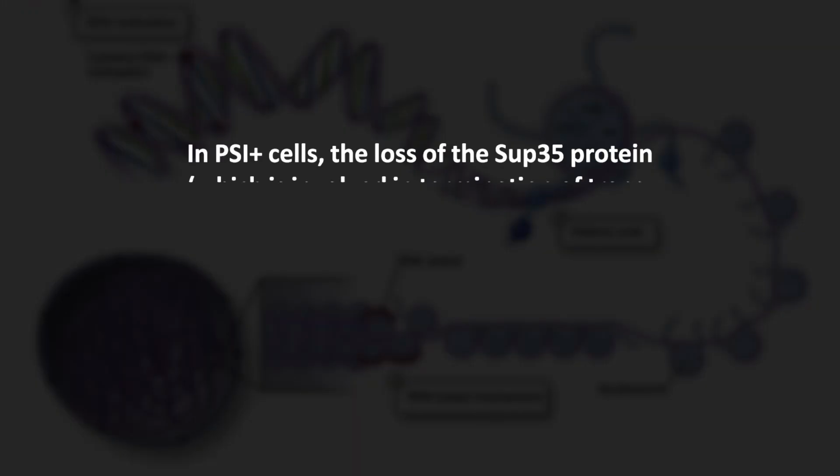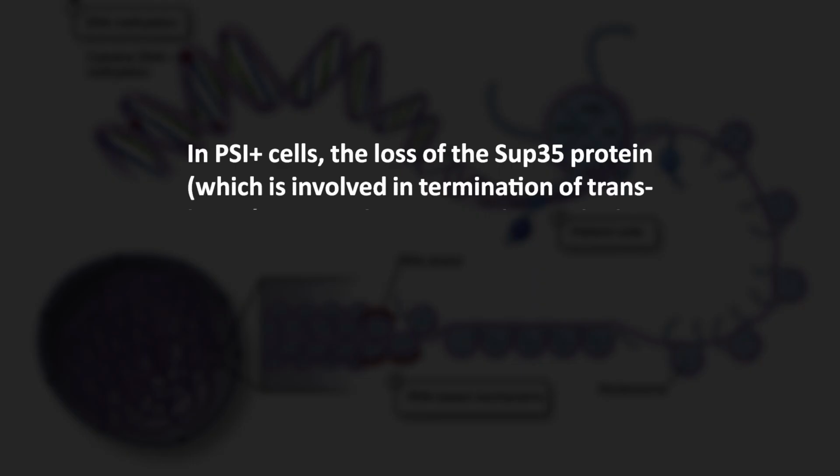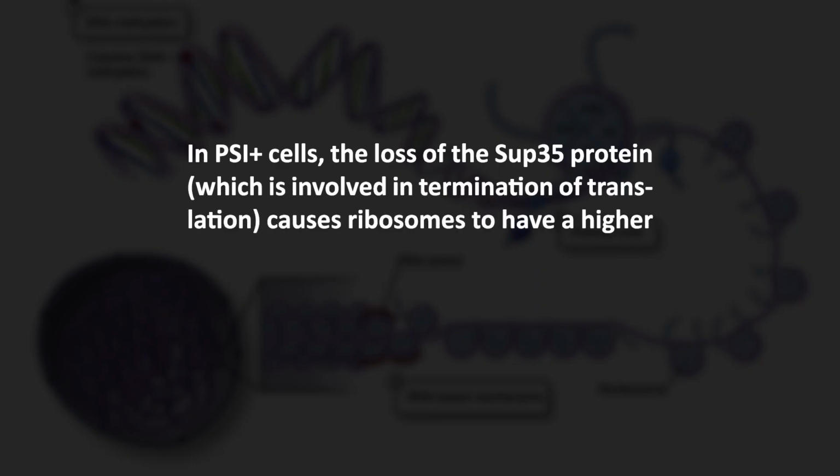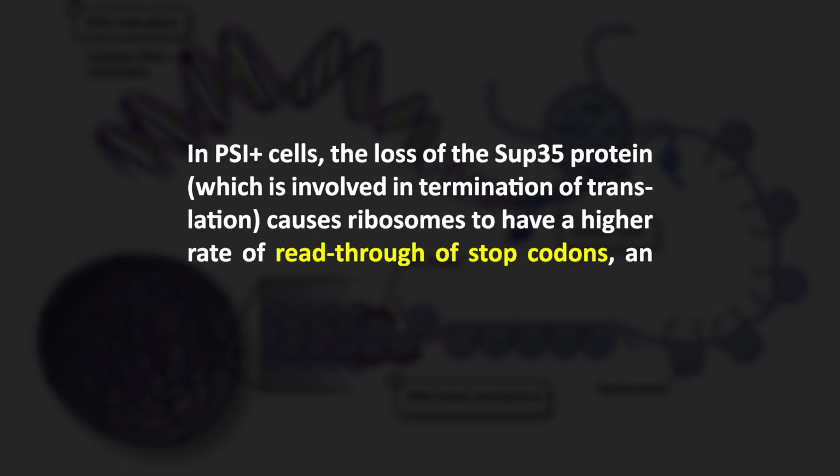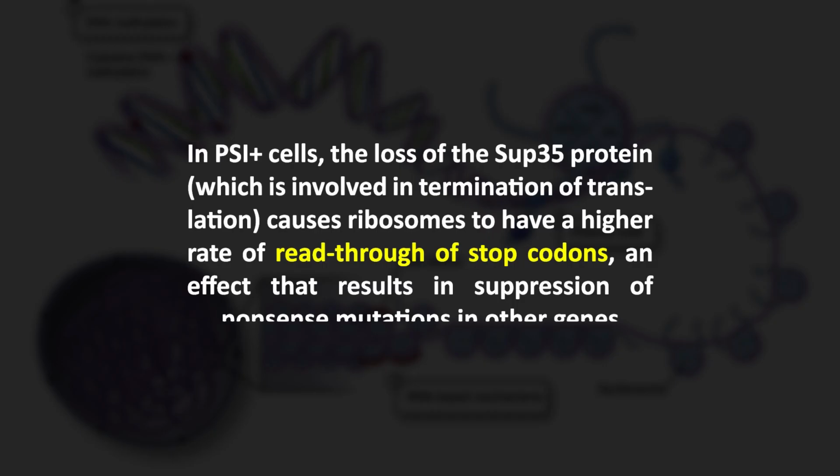Prions can have a phenotypic effect through the sequestration of protein in aggregates, thereby reducing that protein's activity. In PSI plus cells, the loss of the SUP35 protein, which is involved in the termination of translation, causes ribosomes to have a higher rate of read-through of stop codons, an effect that results in suppression of nonsense mutation in other genes.